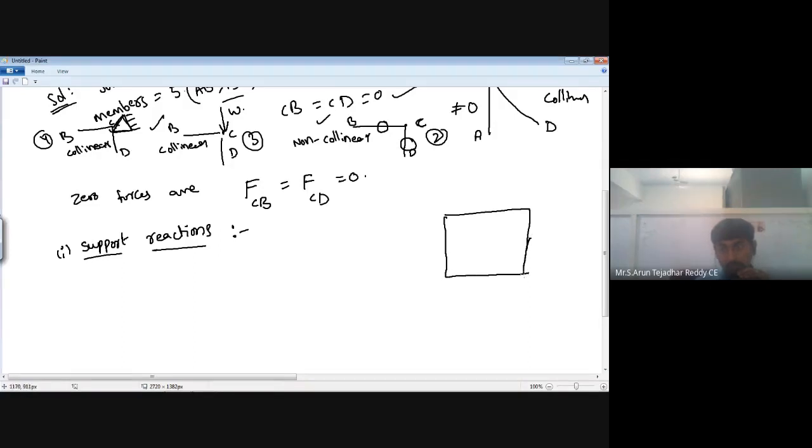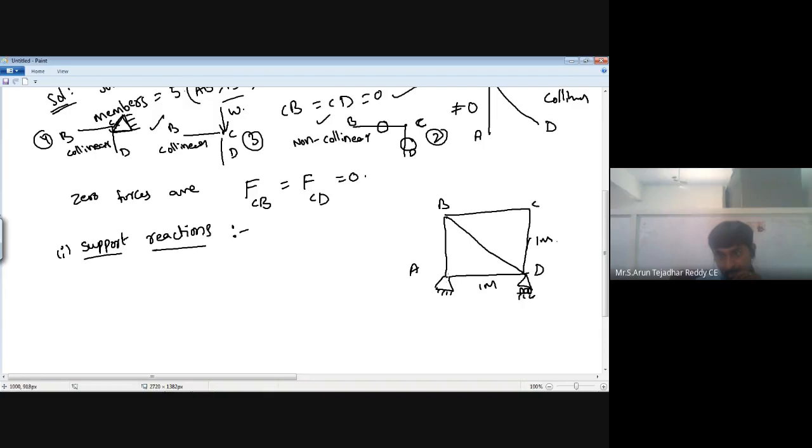This is your basic diagram. In the given problem, this is your diagram: A, B, C, D, and here 1 meter and 1 meter. This is your given problem. Find the support reactions.